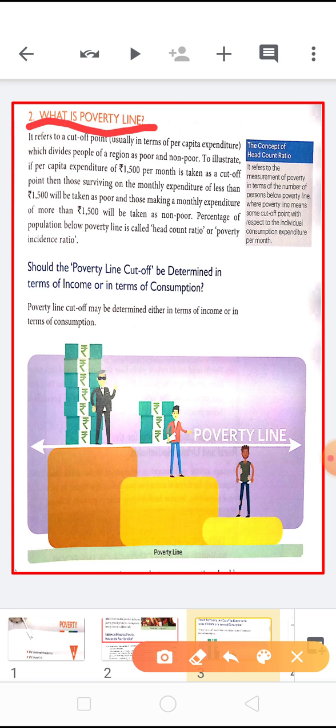So he calculated the consumption expenditure by assuming that one third of the total population consists of children, and one half of them, that is one third into one half, that is 1/6, consumed very little, while the other half consumed half of the adult. So this is the way they calculated the jail cost of living expenditure to calculate the poverty line.